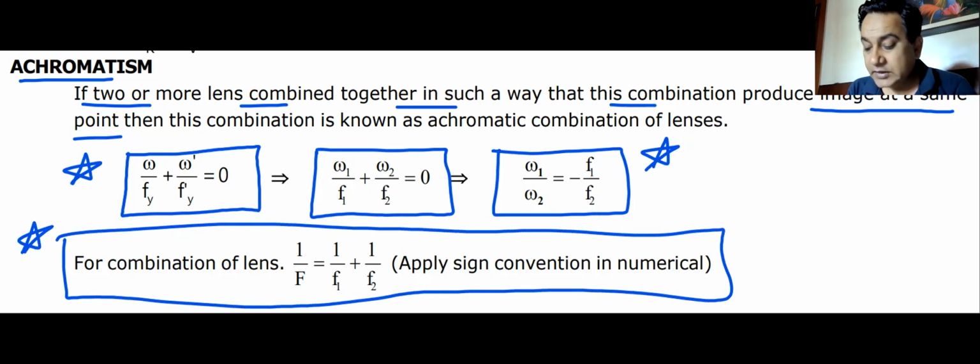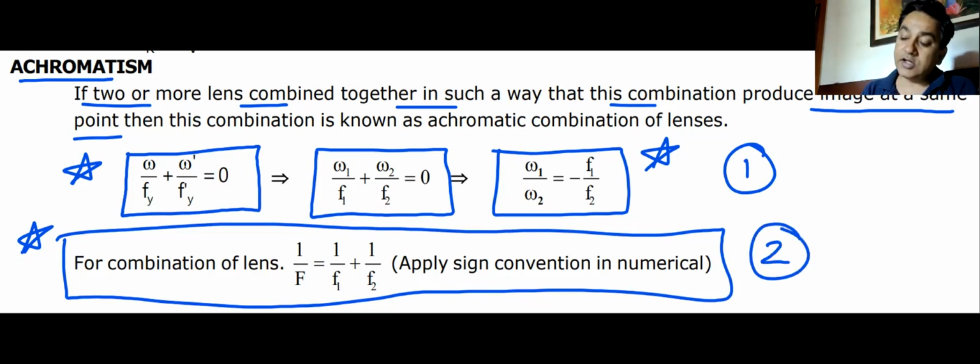You just use the formula for lenses. 1 by F is 1 by F1 plus 1 by F2. For a combination of lenses, the power of the combination is P1 plus P2. Do we remember this? Yes or no? So these are the points that you need to remember. Point number one, the relation between the two focal lengths. Point number two, the focal length of the combination.